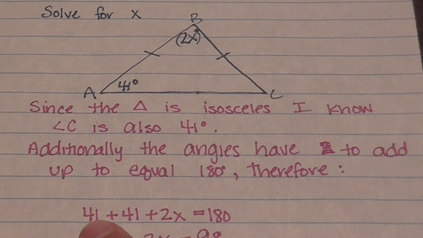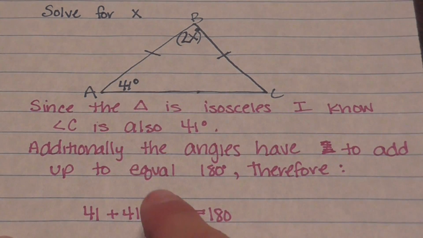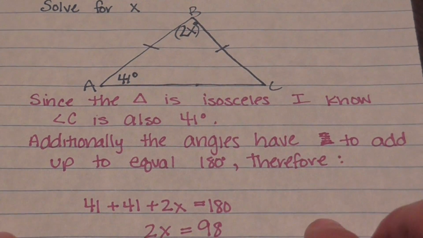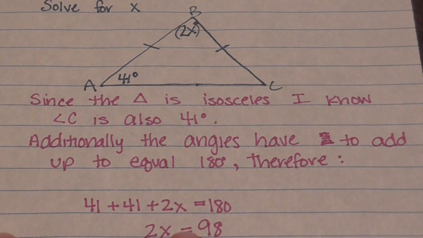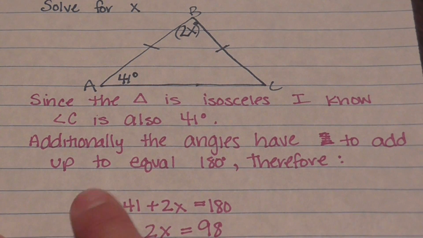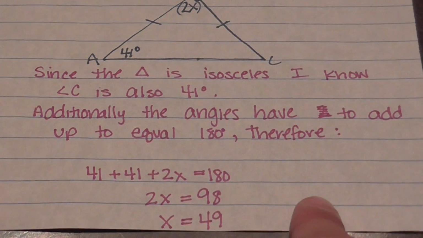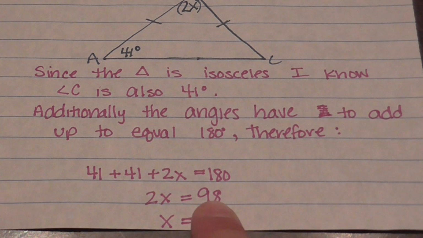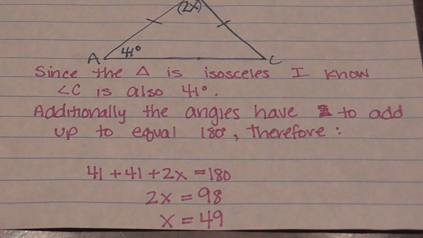So when I take my 41 for A, my 41 for C, and the 2x that I have up here at B, I can add those together, set them equal to 180, and now I have an equation where I can solve for x. So I'm going to subtract 82 from both sides, taking care of both of those 41s, and I'm left with 2x equals 98, divide by 2, and x is going to equal 49.